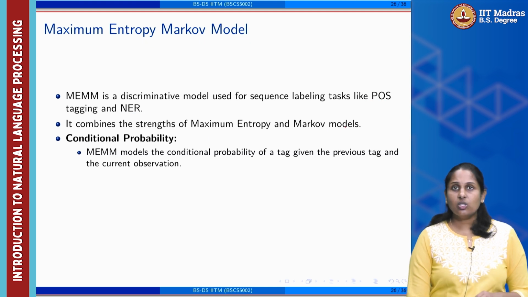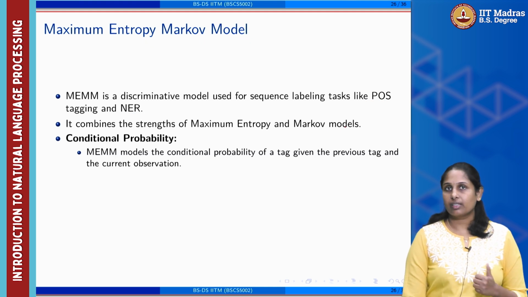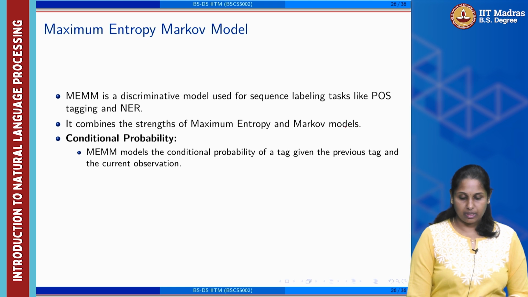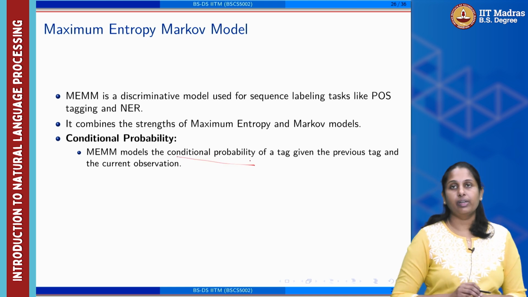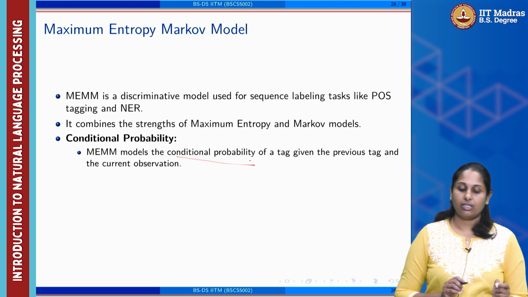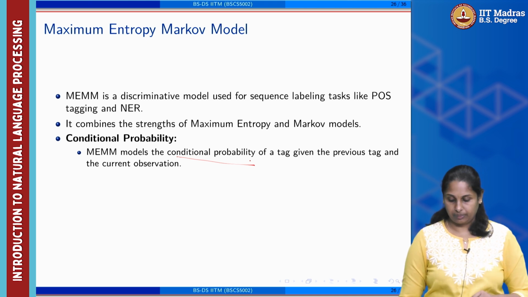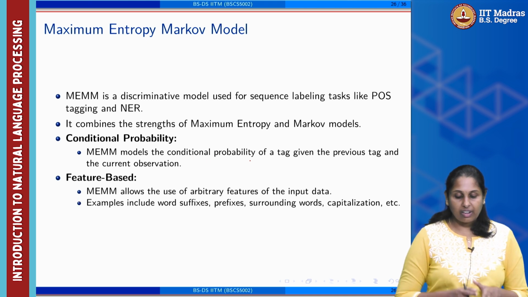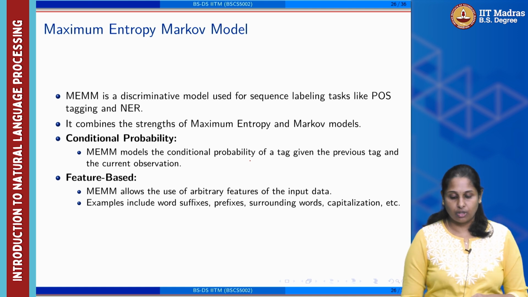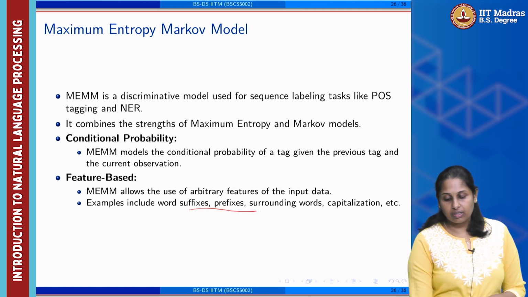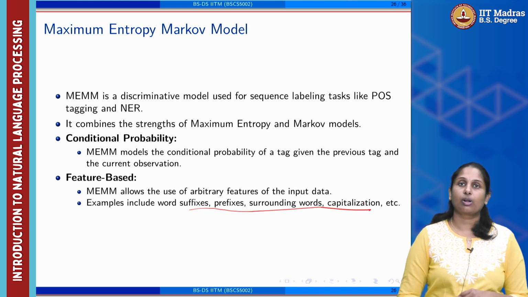Conditional probability is the most important thing here, whereas in HMM it is not a conditional probability. The model models the conditional probability of a tag given the previous tag and the current observation. It can be used with features, so other arbitrary features like suffixes, prefixes, surrounding words and capitalization are all used as part of MEMM.